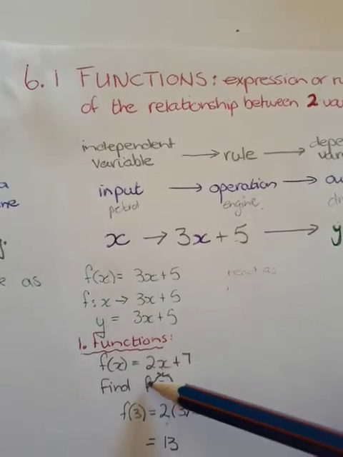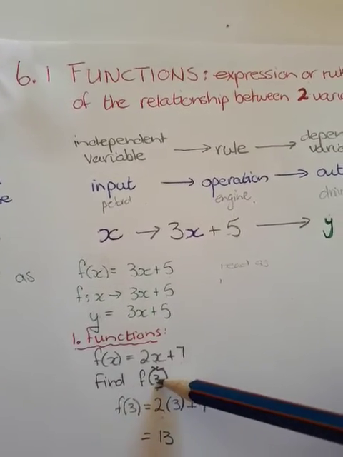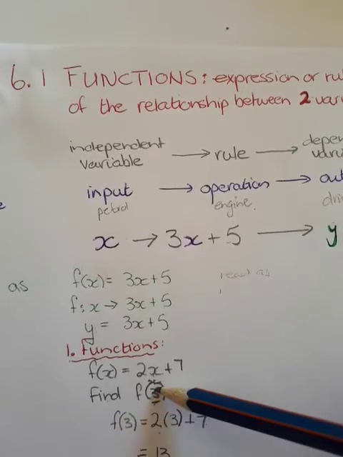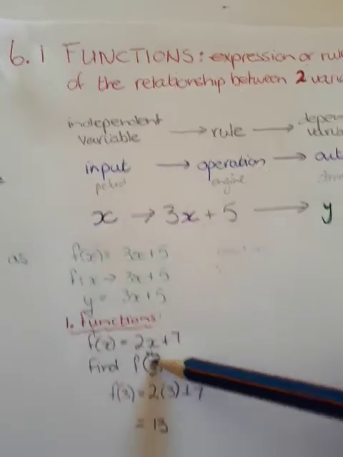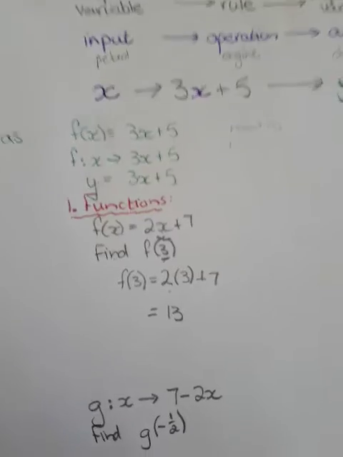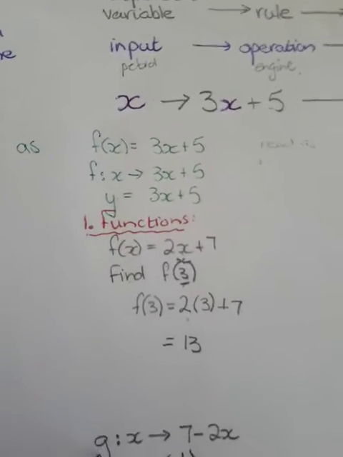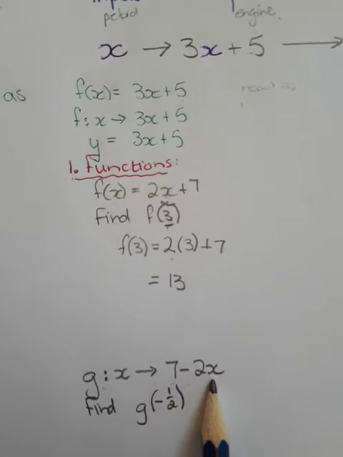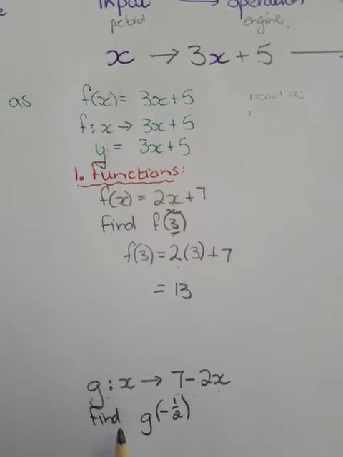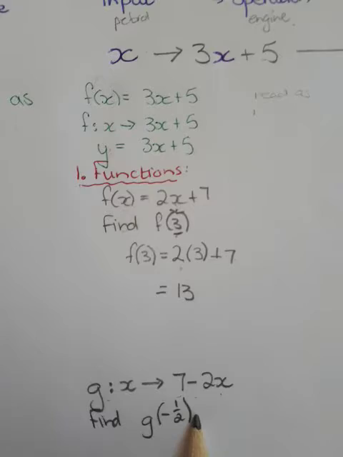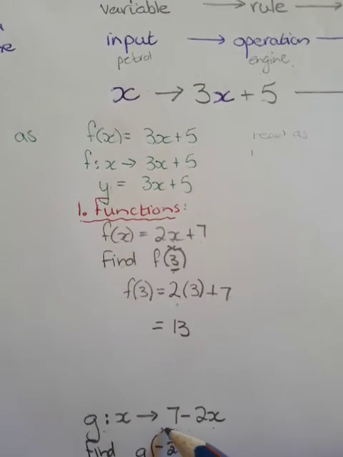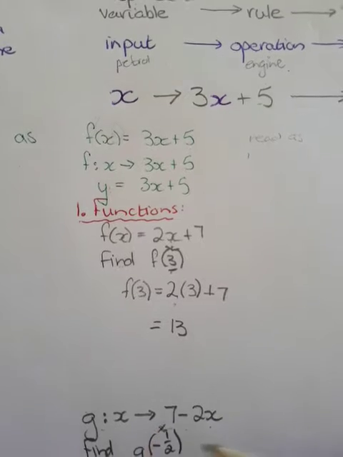Importantly here is that they give you the value of x, because they ask you to find f of 3. Now in another example, the function g of x is 7 minus 2x, and they ask you to find g of negative 1/2. So once again, negative 1/2 stands in the place of the x.